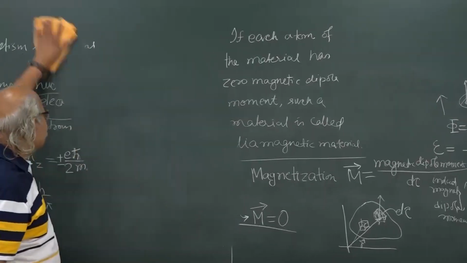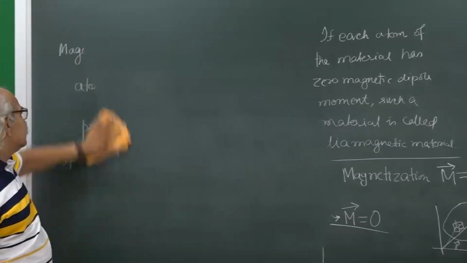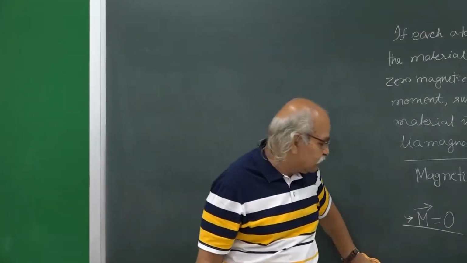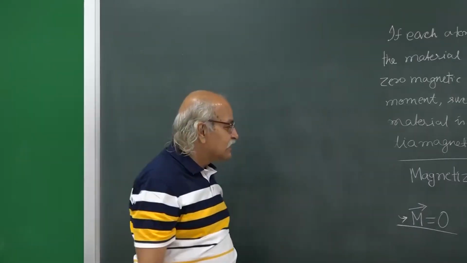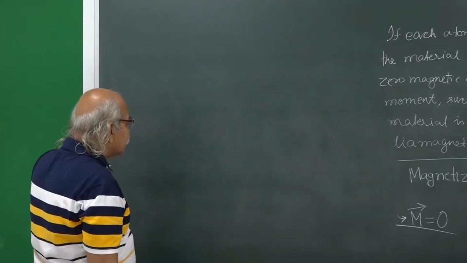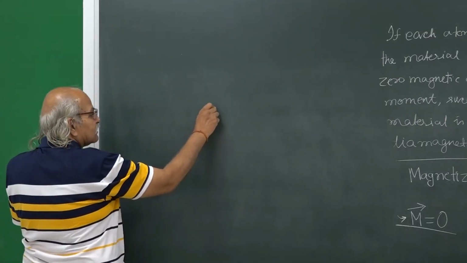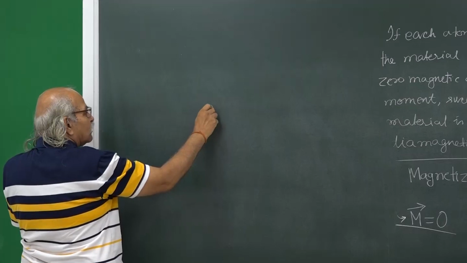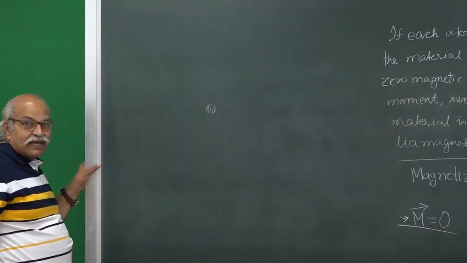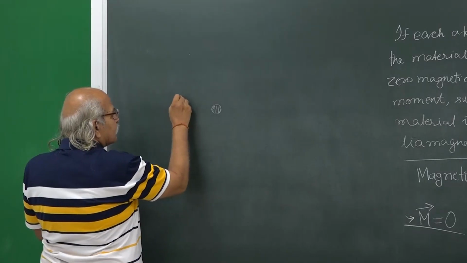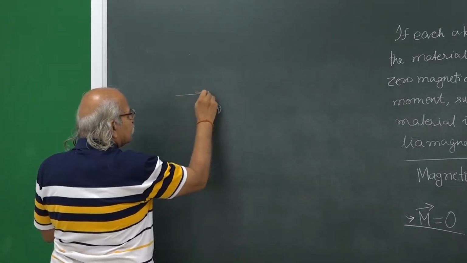So this is the property of diamagnetic materials. Now, this property has a very interesting effect that you can see just by doing an experiment. Suppose you have this small part of diamagnetic material, and we have applied a magnetic field in this direction.